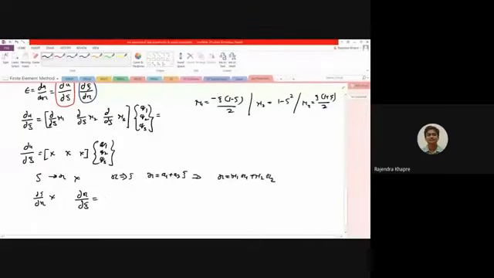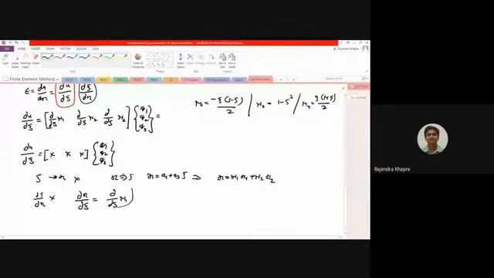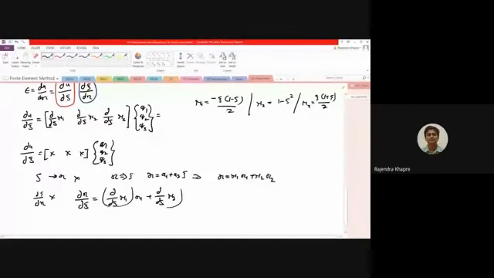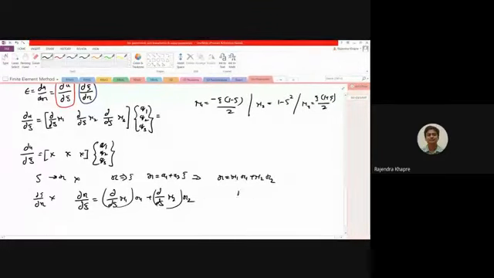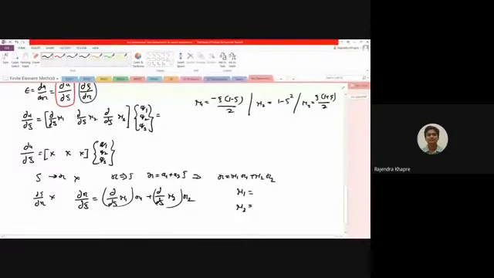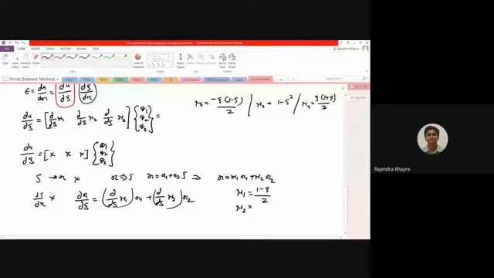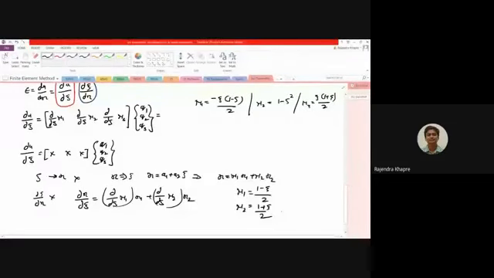So del x by del xi can be written as del by del xi of N1 into x1, plus del by del xi of N2 into x2. Here the values of N1 and N2 are different because we are using only 2 nodes. With 2 nodes, N1 will be 1 minus xi by 2, and N2 will be 1 plus xi by 2. As a result, you will have a matrix with 2 coordinates. I hope this is clear to everybody.